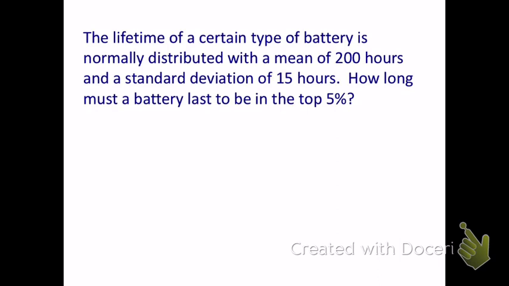Okay, the next one, it says a lifetime of a certain type of battery is normally distributed with a mean of 200, standard deviation of 15. How long must the battery last to be in the top 5%? So now it's asking me for a value, top 5%. So let's do this the inverse norm way. If it's top 5%, what percentile am I going to go to?